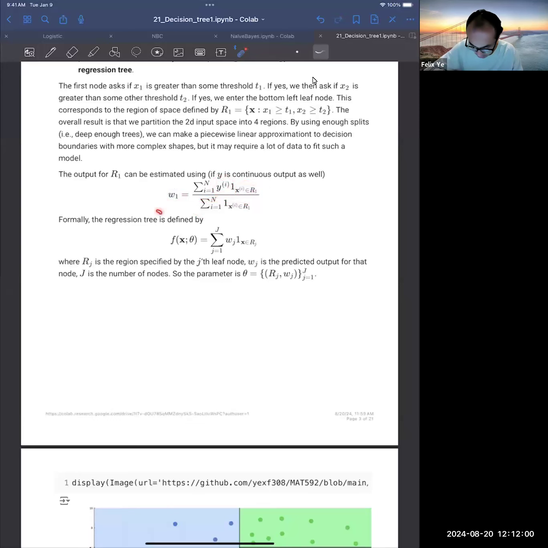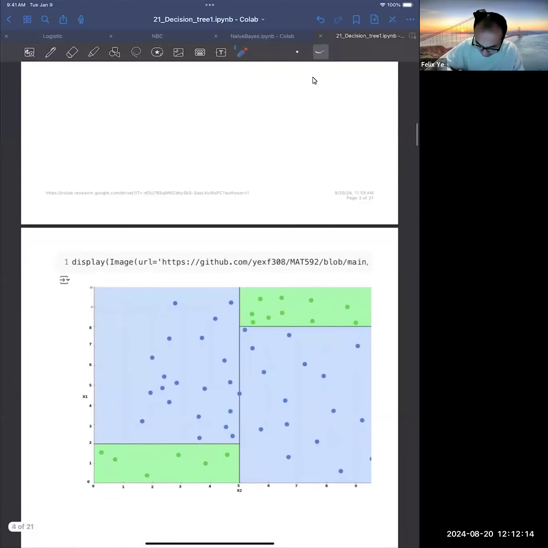Then this regression is the weighted sum of the values on each box. This is called a regression tree. If it's not classification, where it's blue or green, but instead a very specific function with continuous values, we can still do it with decision trees.